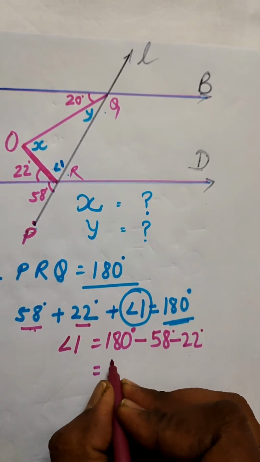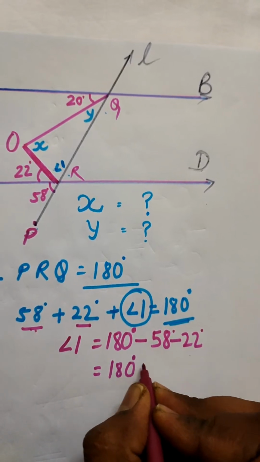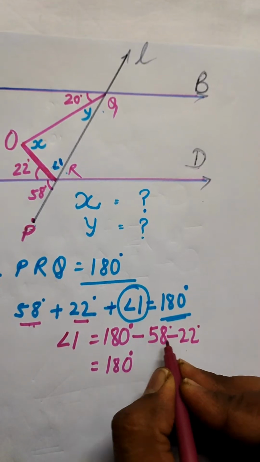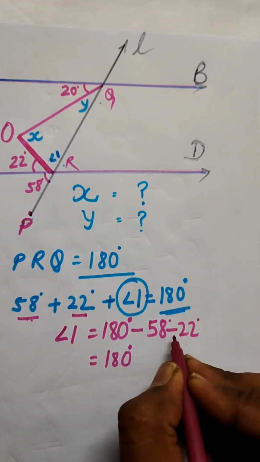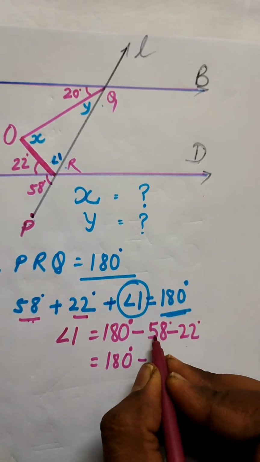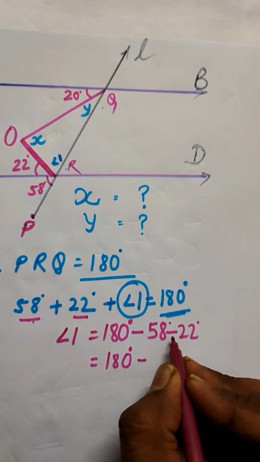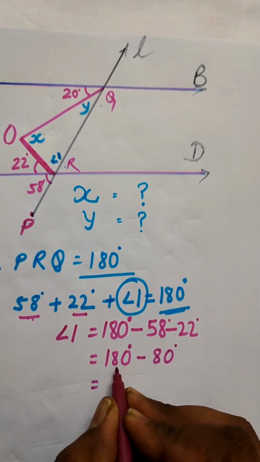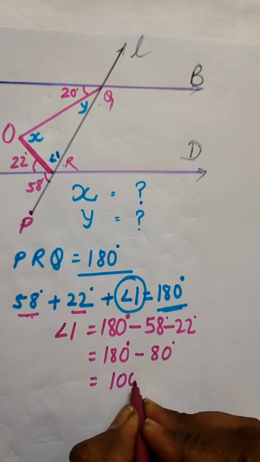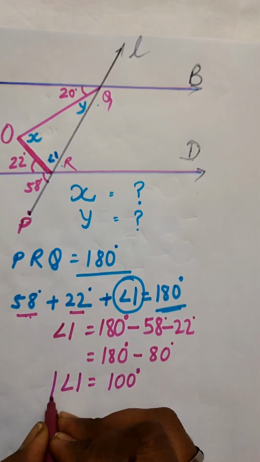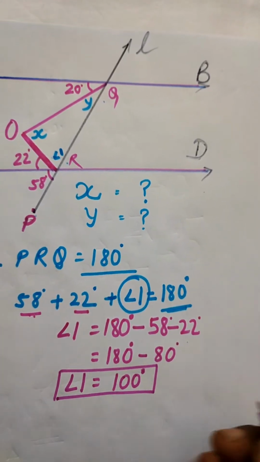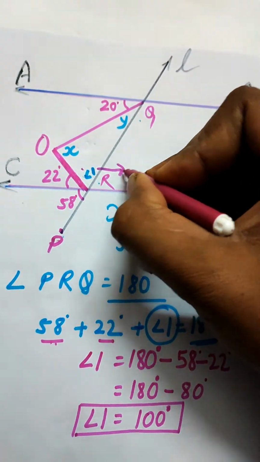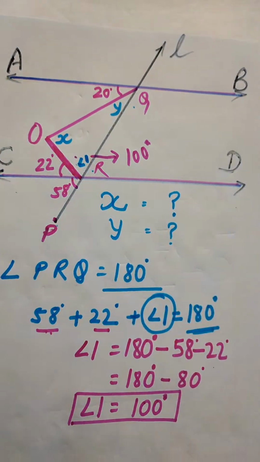This is a simple arithmetic calculation. 58 and 22 both have the negative sign, so they will add up. So this will come as 50 plus 20 is 70, plus 10 is 80. So 180 minus 80 is 100. So we can see that the value of angle 1 is 100 degrees, right?